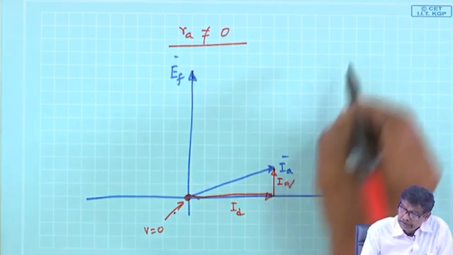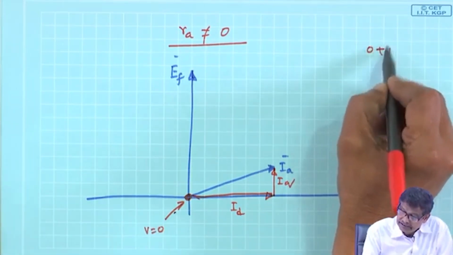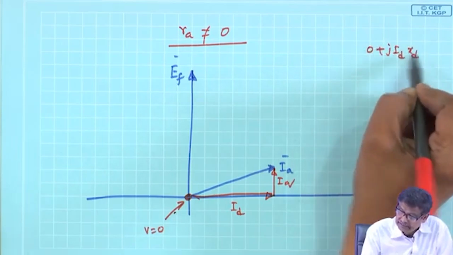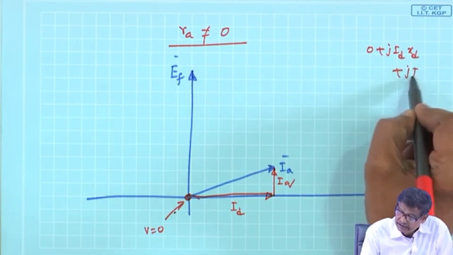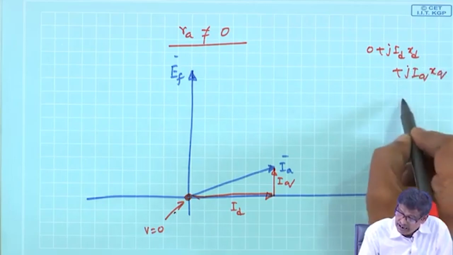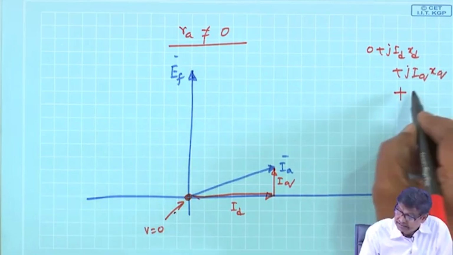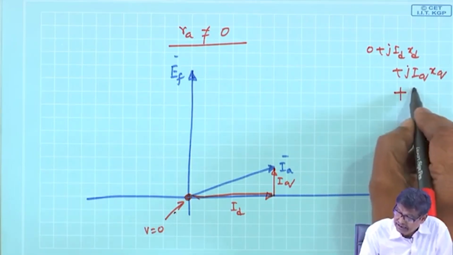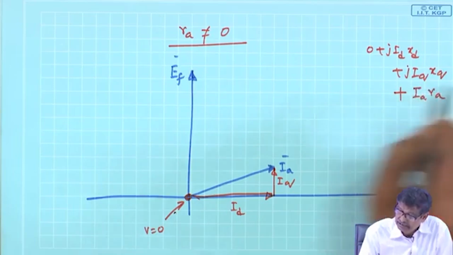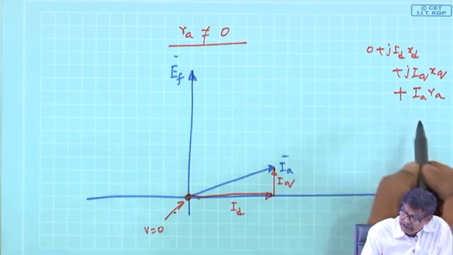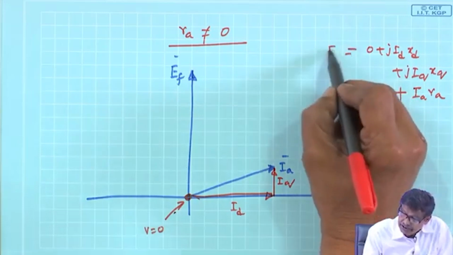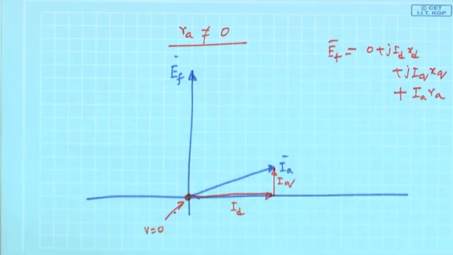So, V 0 plus j I d X d plus j I q X q, and I have not neglected R A this time, plus I A R A. This will be the thing, and this must be equal to your E f, that is all.